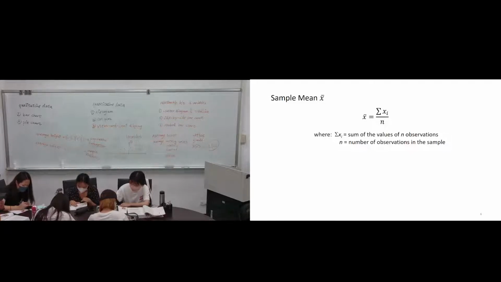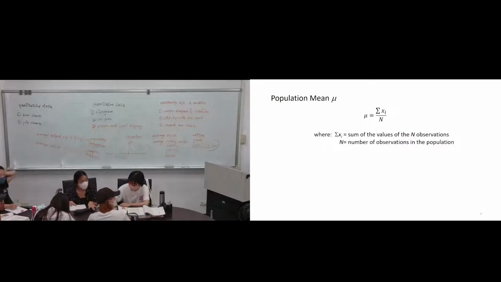How about the population mean? We calculate it the same way, but because now we calculate the mean value for the population, in the denominator we use the whole population size, which is the number of observations in the population.